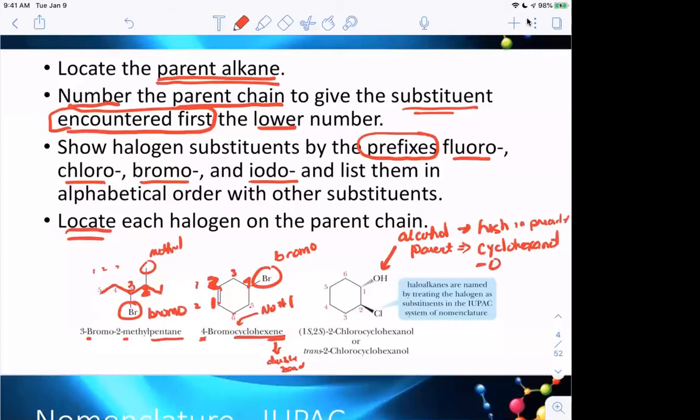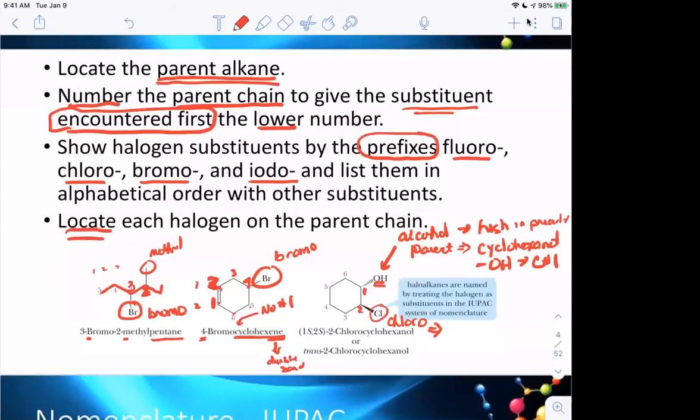And my OH is always on carbon number 1. So this is going to be carbon 1, and my parent is going to be cyclohexanol. My halogen is on carbon number 2, and this is going to be a chloro, right? This is giving me the cyclohexanol parent.